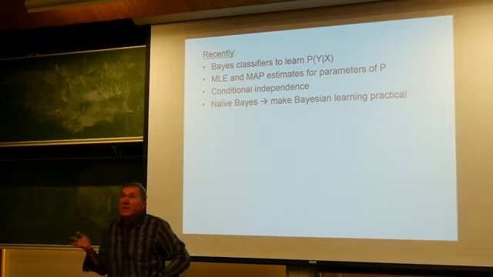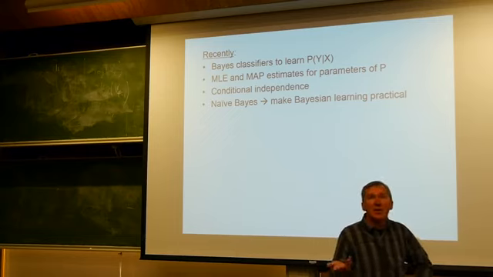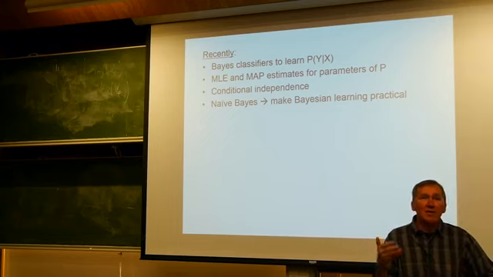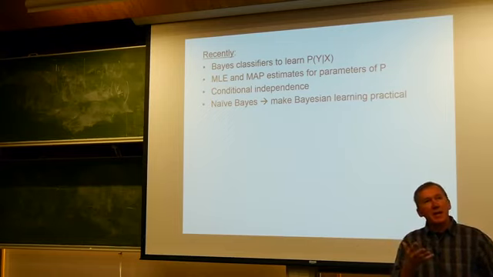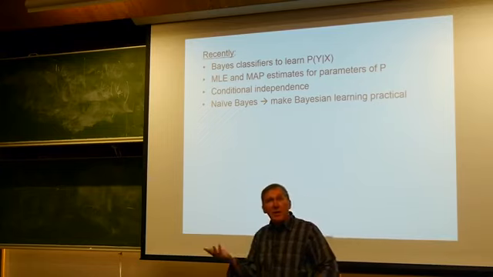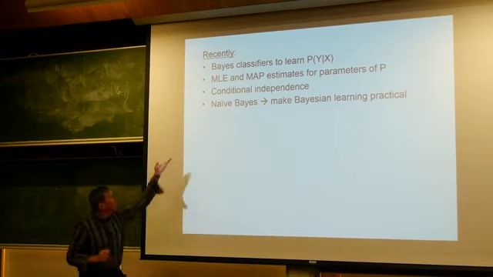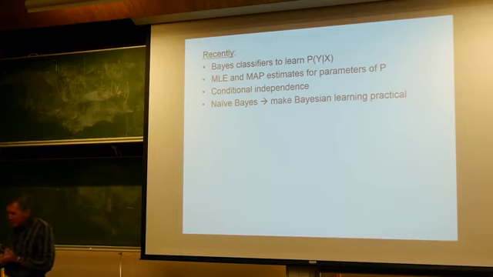So it really is an issue, not just in terms of computational efficiency, but in terms of what we call sample complexity. That is, how much training data do we need in order to reliably estimate or learn these parameters? So that was the point of naive Bayes.